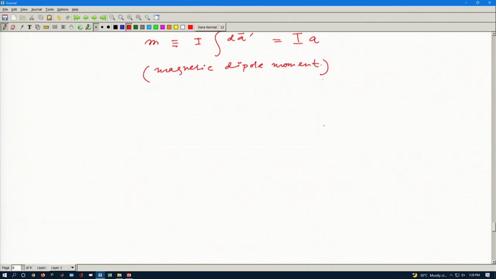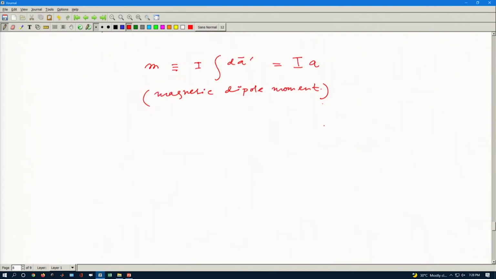So, this is the way magnetic dipole moment is defined. Electrostatic dipole moment, if you remember, was defined like p, I am just writing it on this side, charge multiplied by the distance. It is also defined in the integral form, as the integral of r prime rho of r prime dv. But it was charge multiplied by the distance, while here it is current multiplied by the area.